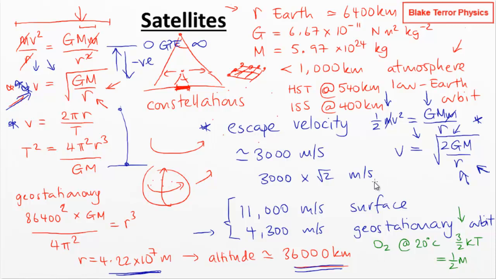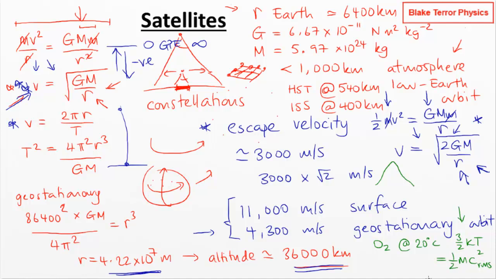But of course, going back to our ideal gases, remember we've got a distribution of velocities of our molecules, and we've got our root mean square speed. Remember, we did this in ideal gases.